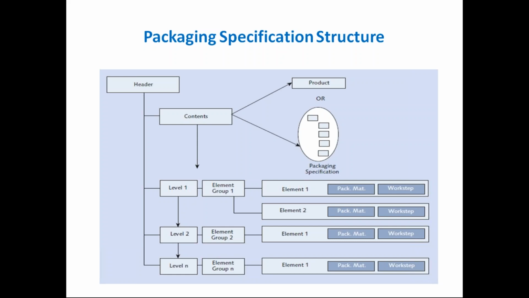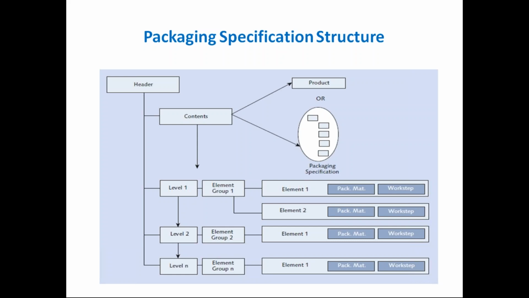For VAS, how are you going to perform it, and what packaging materials are you using for this VAS? For example, if I am going with the kit, how are you going to prepare the kits, and what packaging materials are you using to prepare the kit, etc. So this packaging specification plays a vital role in EWM operations.